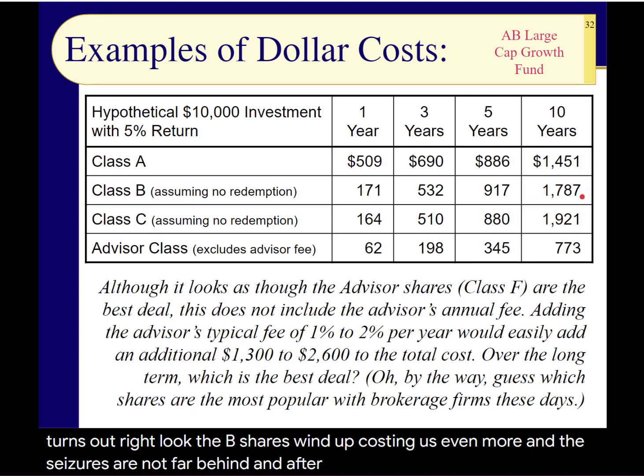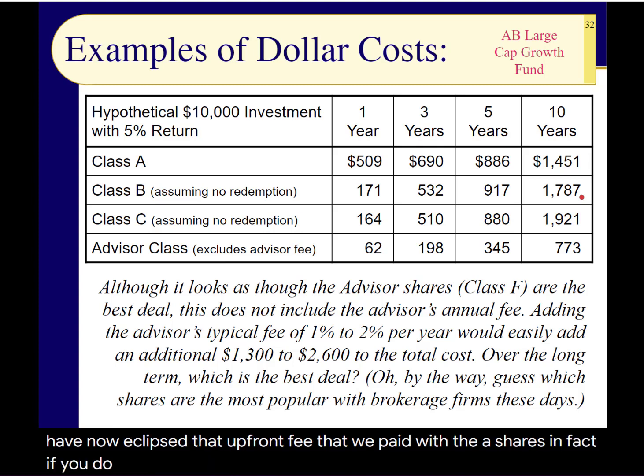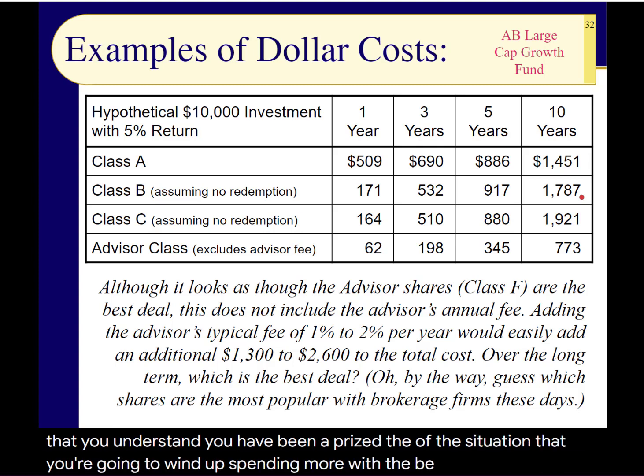And after 10 years, the B and the C shares have now eclipsed that upfront fee that we paid with the A shares. In fact, if you do want the B or the C shares, you have to sign somewhere saying that you understand, you have been apprised of the situation, that you're going to wind up spending more with the B and the C shares.